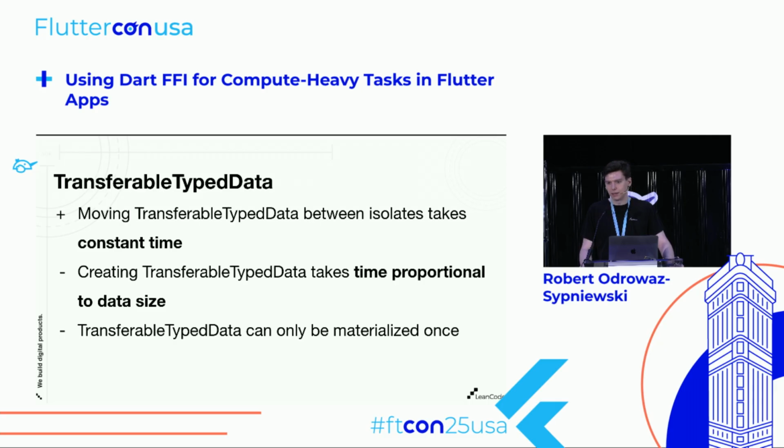So we first need to create it, and the second problem is that TransferableTypedData can be used only once. We can use it only once to move between two isolates, and to copy the result back in many cases will require creating a new TransferableTypedData object, and again we'll lose some time and some performance because of that.